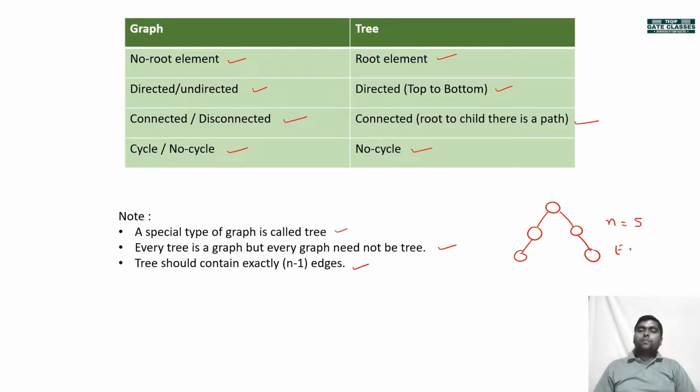If you count, the edges are 1, 2, 3 and 4. So 4 edges are there. From this we can conclude that the edges are n minus 1. So we can say that a tree should contain exactly n minus 1 edges. This is a very basic and important difference. I hope that this is clear to you.